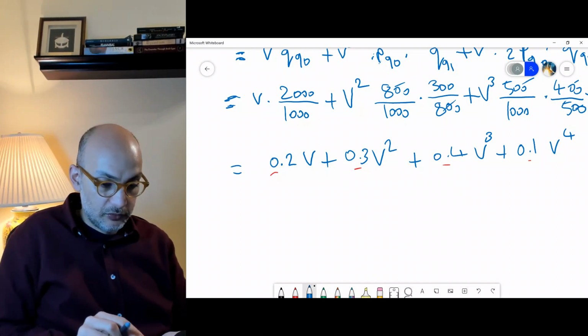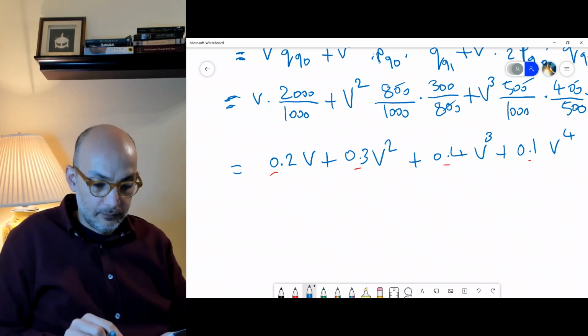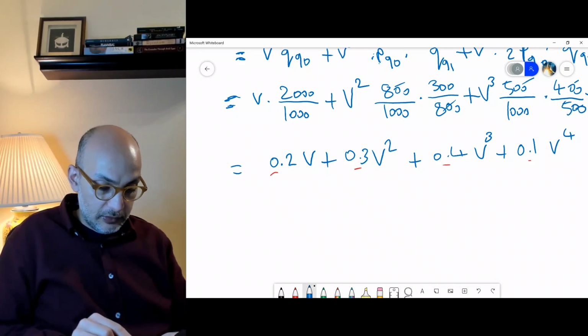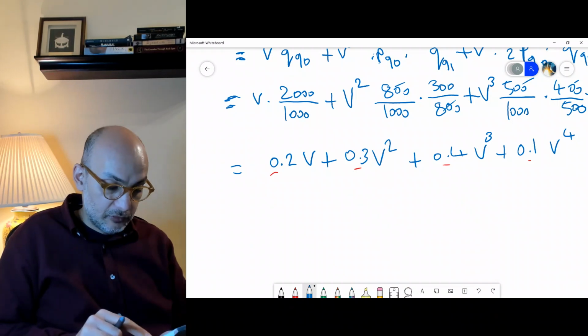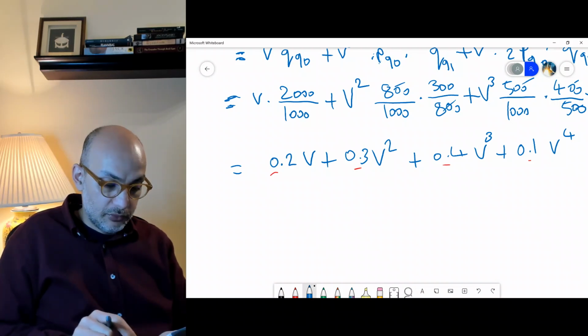So we have 0.2 multiplied by 1.05 raised to -1, plus 0.3 multiplied by 1.05 raised to -2, plus I have 0.4 multiplied by 1.05 raised to -3, plus we have the last one, 0.1 multiplied by 1.05 raised to -4.